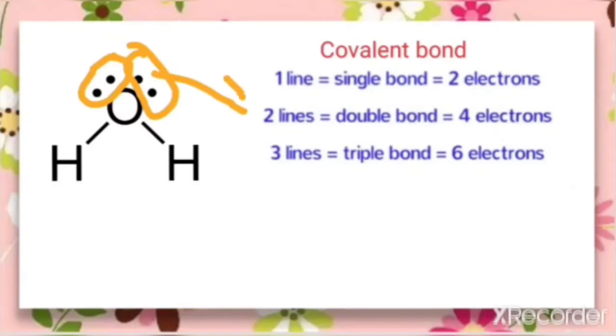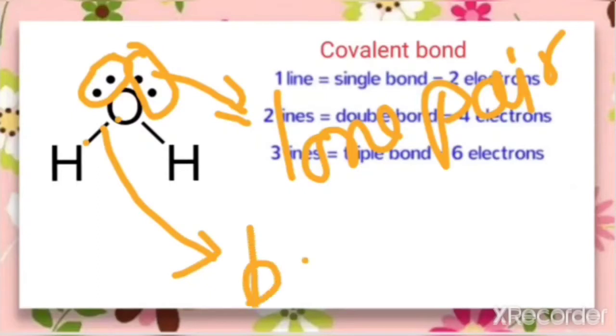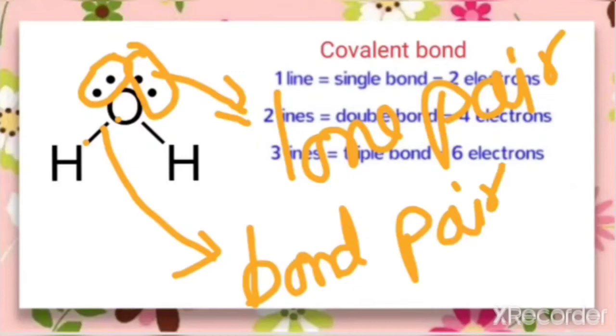So this is called a lone pair of electrons, and the electron pair which is involved in the bond formation, the shared pair of electrons, is called a bond pair. So we come up with two terms here. A lone pair is the pair of electrons not involved in the bond formation, but they are valence electrons, and the pair involved in bond formation is called a bond pair.